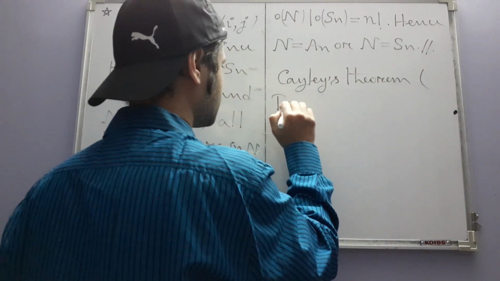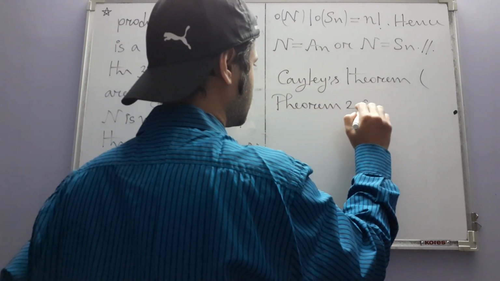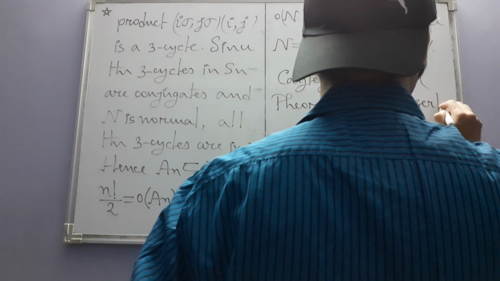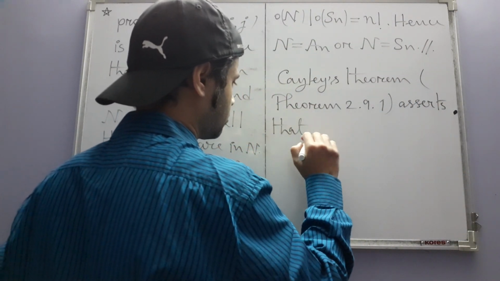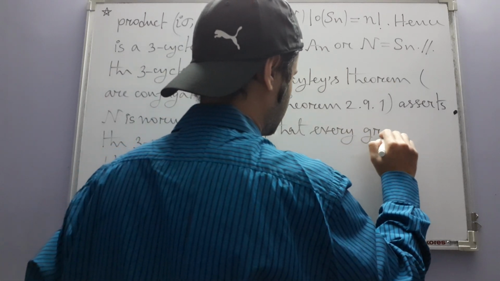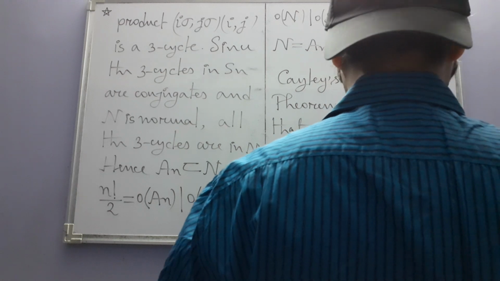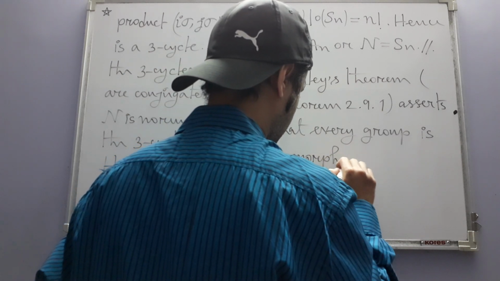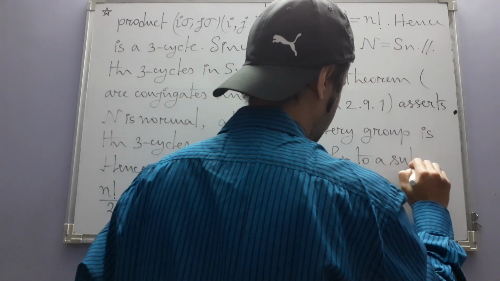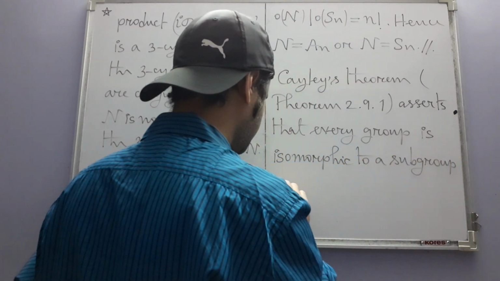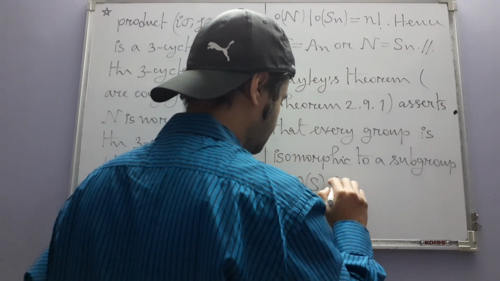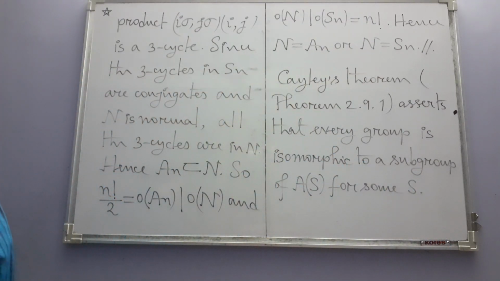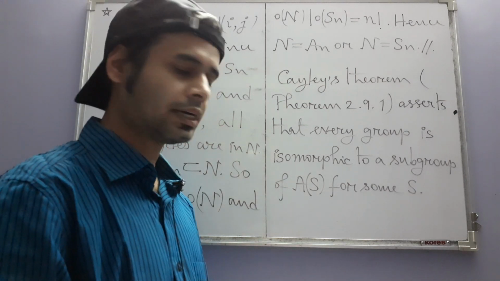That means theorem 2.9.1 asserts that every group is isomorphic to a subgroup of A(S) for some S. That means, yeah, that's what Cayley's theorem is.